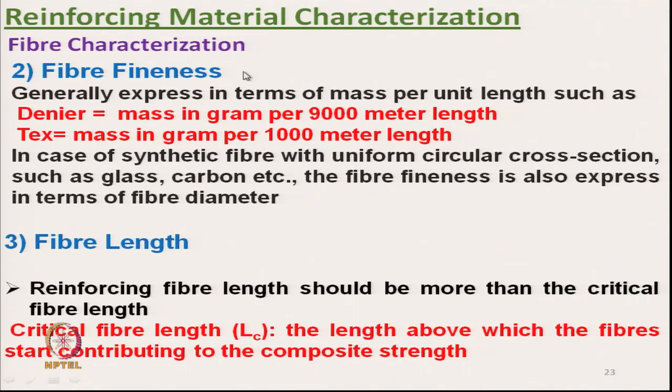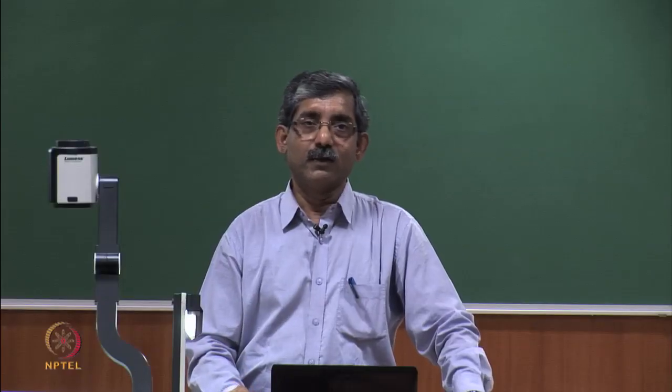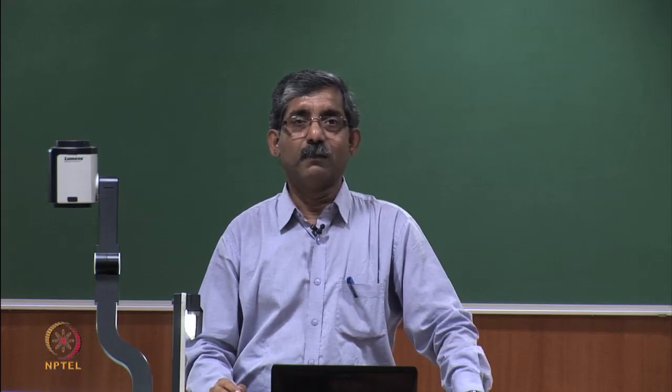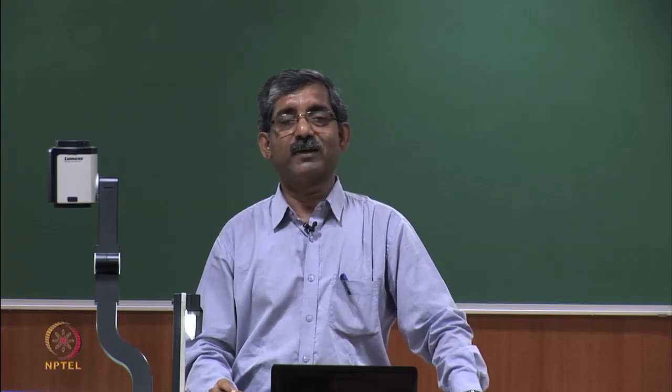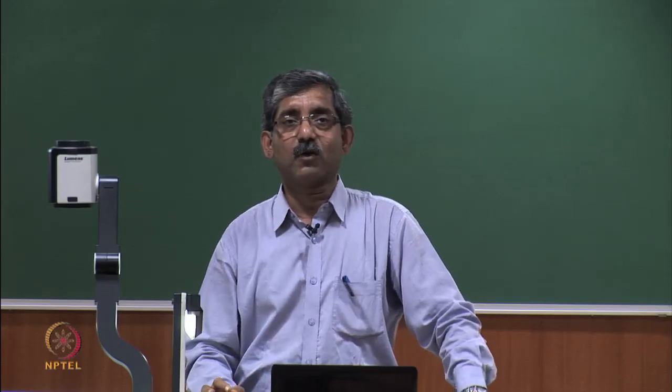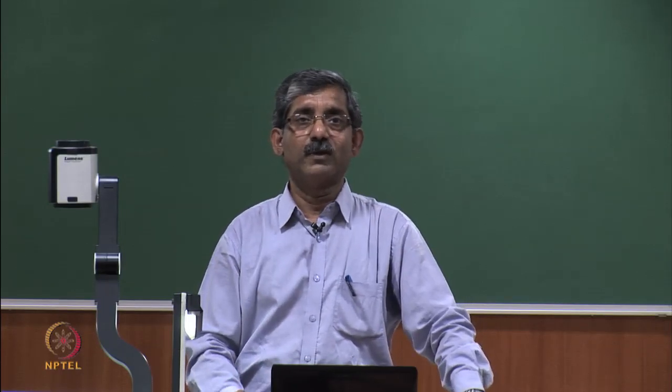In general, for other engineering materials where the diameter or thickness is uniform, we can directly use the diameter. But for most textile materials the diameters are not uniform, even the cross sections are not uniform.